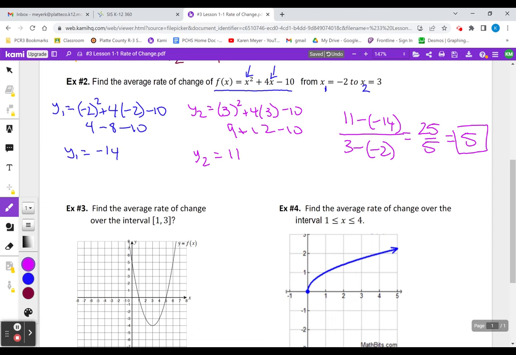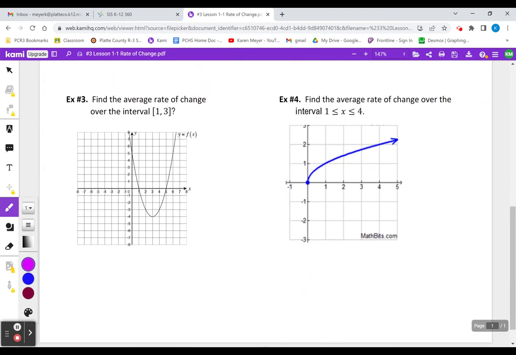Now, the next problems, when you get to them, you're going to notice that you no longer have an equation. And instead of an equation, I give you a picture. Okay, so once again, the intervals are still your x numbers. So I know x1 is 1, and I know x2 is 3.